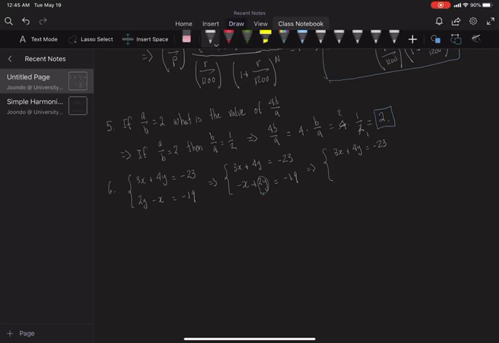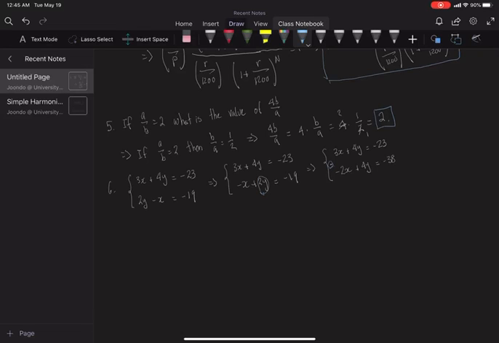And here we have negative 2x, because we multiply by 2, and plus 4y is equal to negative 19 times 2, which is negative 38, right? So if we subtract here, right?